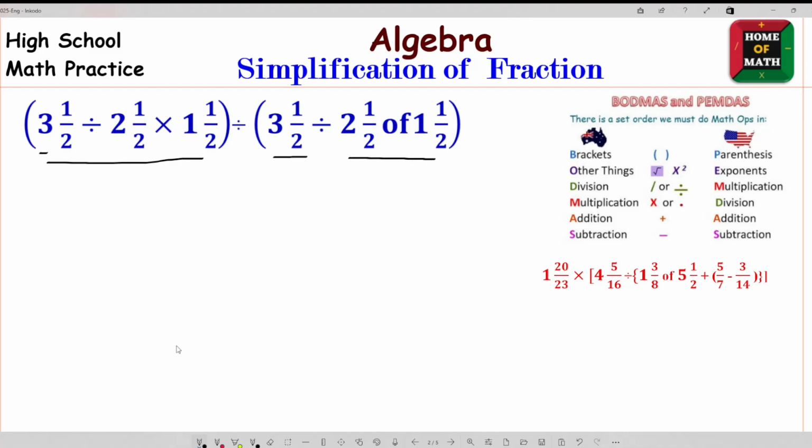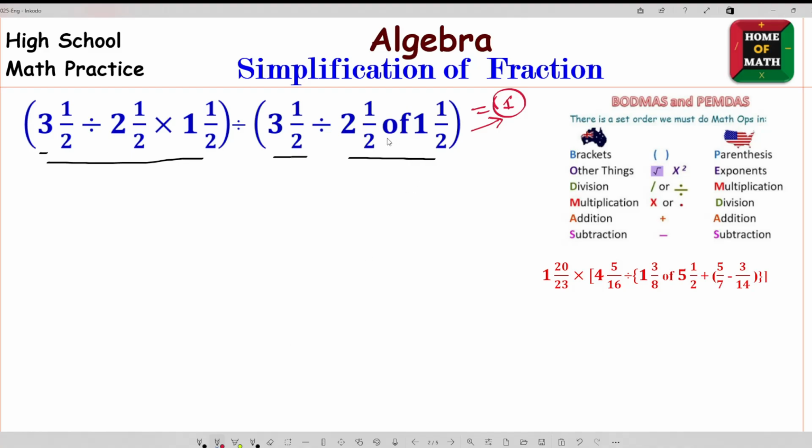Now look, here is 3 1/2, here is also 3 1/2, here is 2 1/2, here is also 2 1/2, here is 1 1/2, and here is also 1 1/2. So some people just divide this and get the result 1. We don't know whether the result will be 1 or not, but what is the difference between them?